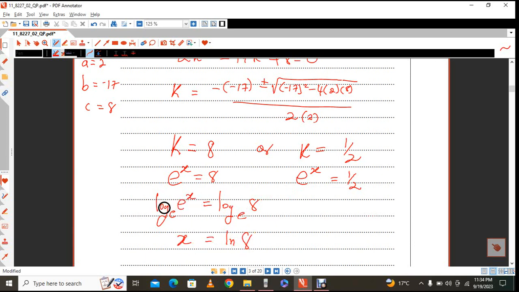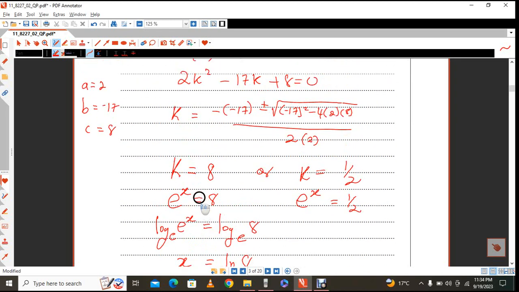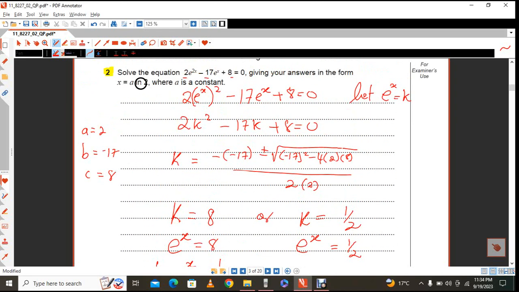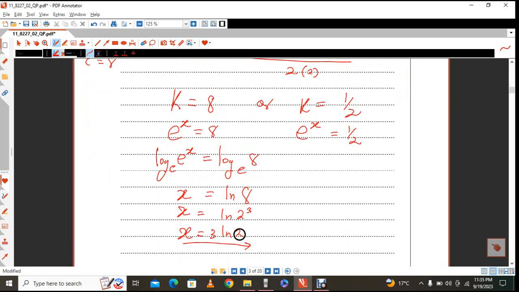If you bring over that, log base e of e is just equal to 1. Right, so just so we can write it in the required form, this is natural log of 2 cubed, and then x equals to 3, the natural log of 2. Okay, because they said you must leave your answer in x equals to a, where a is a constant, times the natural log of 2, and in this particular case, it's 3 natural log of 2.